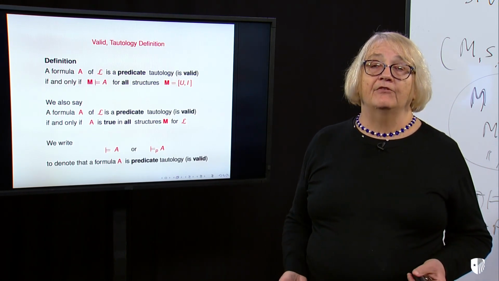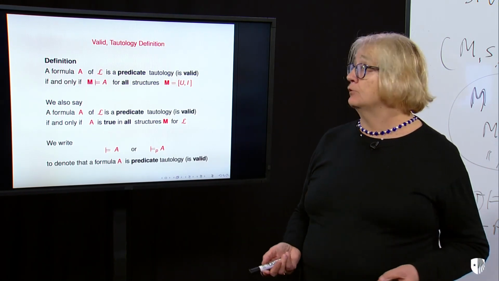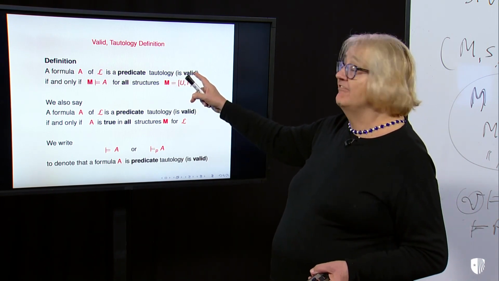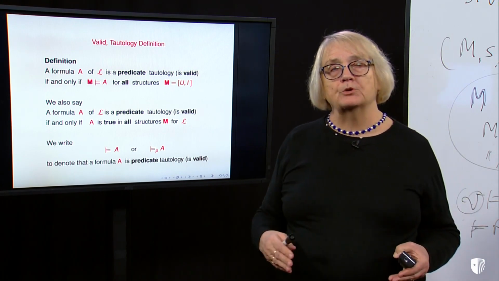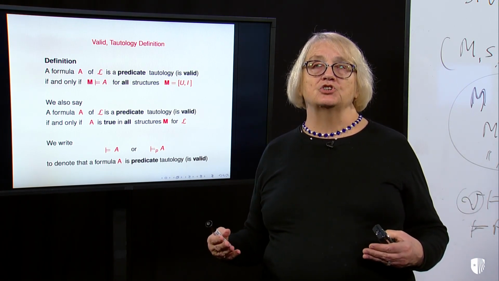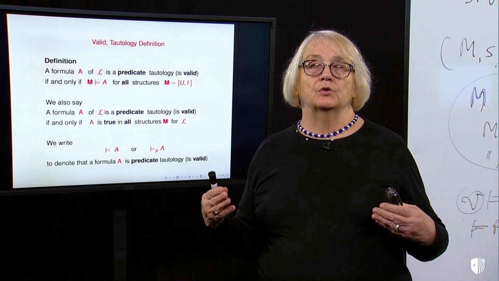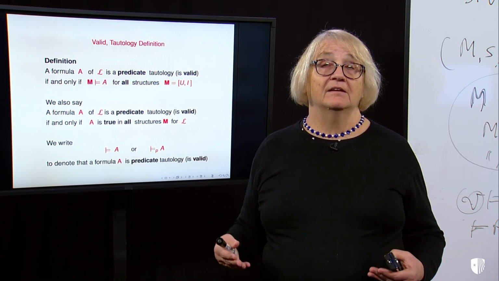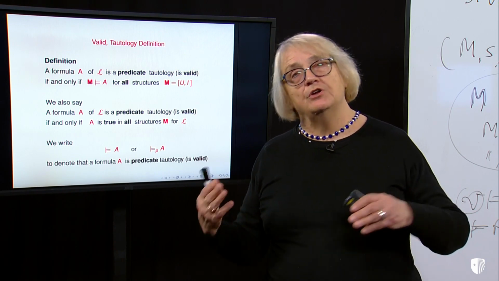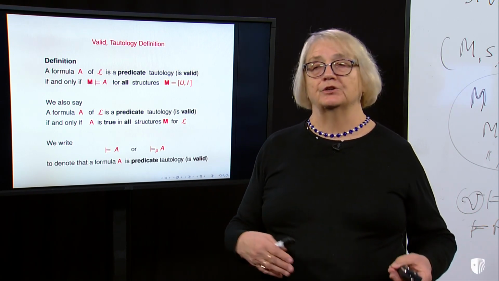And we define a predicate tautology as valid. I use the words propositional and predicate tautology, but in predicate logic we very often use the word valid instead of tautology, not to get mixed with propositional tautology.